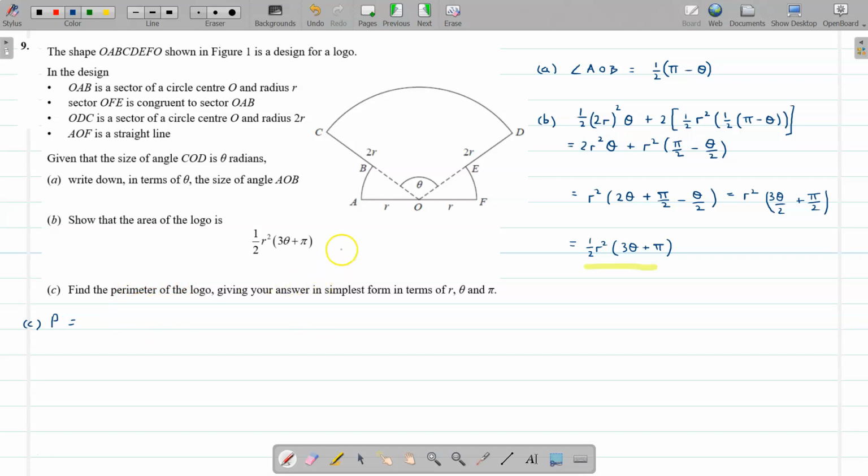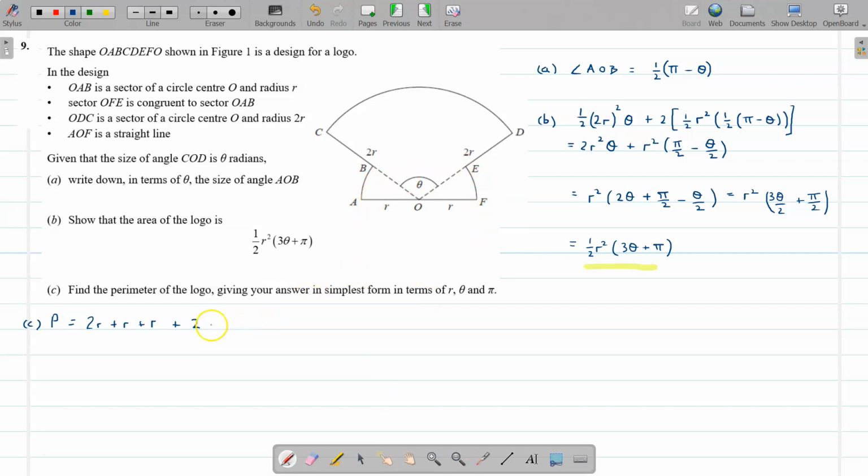There's 2r across the bottom here, and then there's this r and this r here. So 2r plus r. And then I've got 2 lots of these little arcs here, EF and AB.